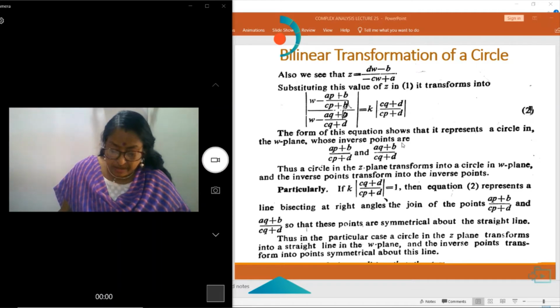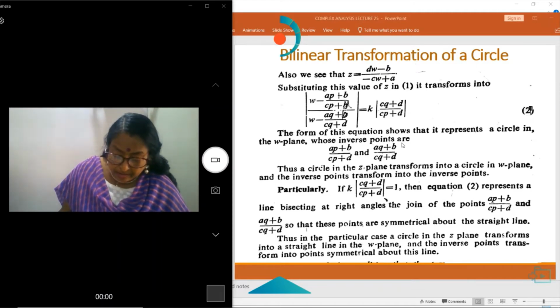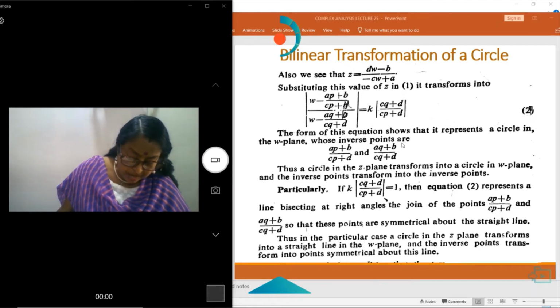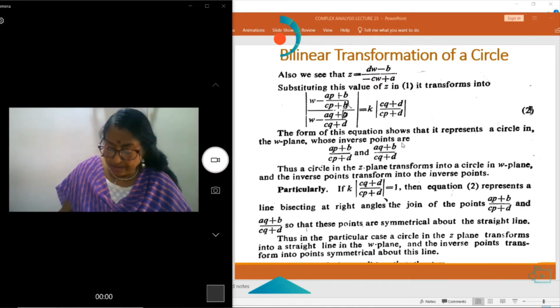Remark: if K times |CQ + D|/|CP + D| is equal to 1, that is, if the right hand side is equal to 1, then the equation represents a line which bisects at right angle the line joining the two inverse points (AP + B)/(CP + D) and (AQ + B)/(CQ + D).